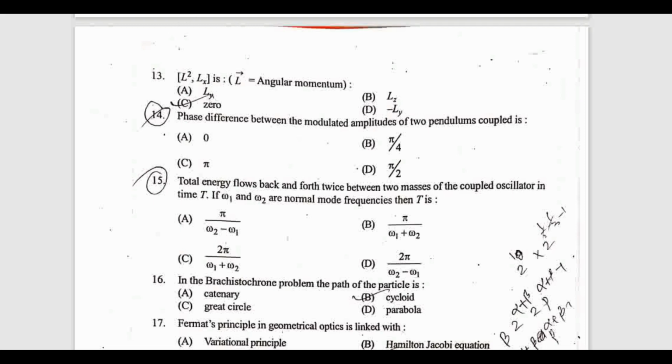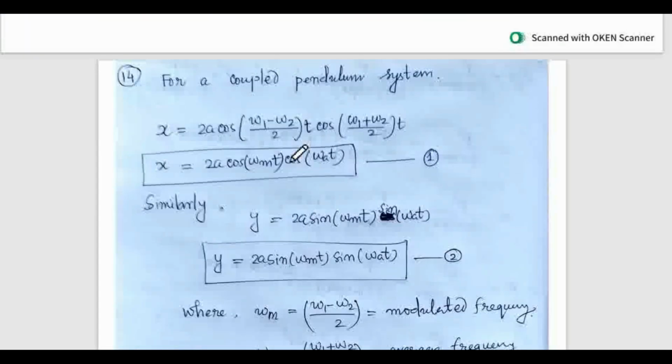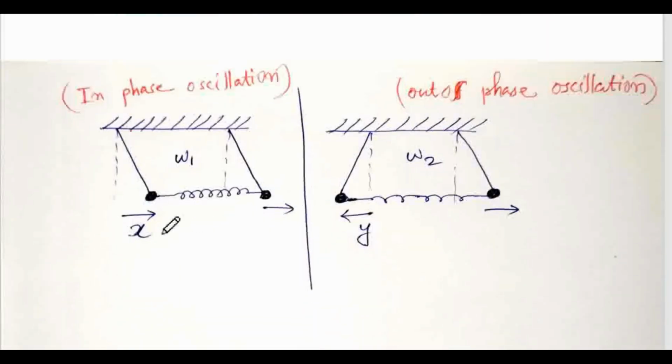Now if you see the solution of this question, to know it you should have background knowledge of the coupled pendulum system. Here x is the displacement of the first pendulum, this one, and this is the second pendulum. The first system is the in phase system, and the second system is the out of phase system.